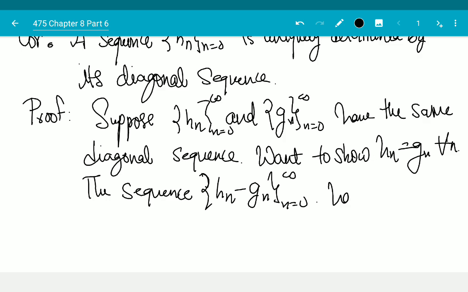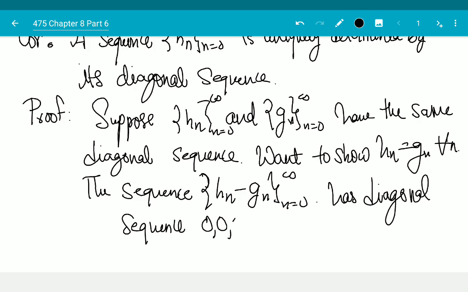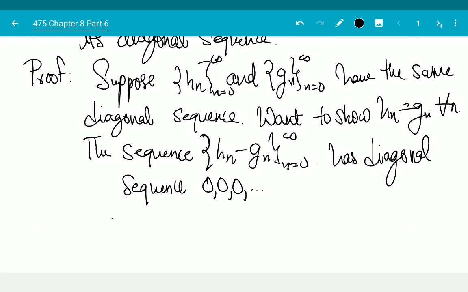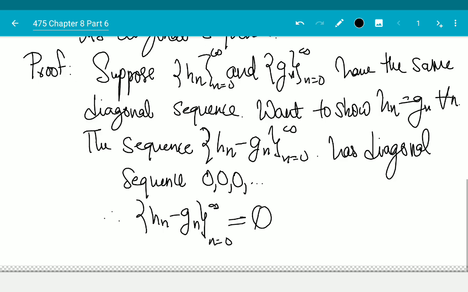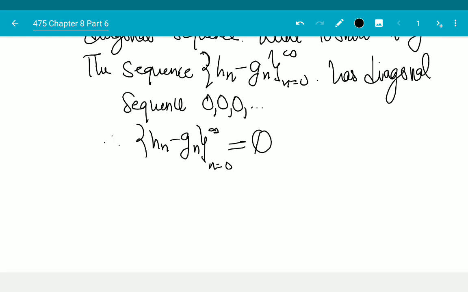So this has diagonal sequence 0, 0, 0, dot, dot, dot, and therefore hn minus gn is equal to 0, since any sequence that has diagonal sequence 0, 0, 0, we have shown is equal to 0. Therefore hn is equal to gn for every n greater than or equal to 0.